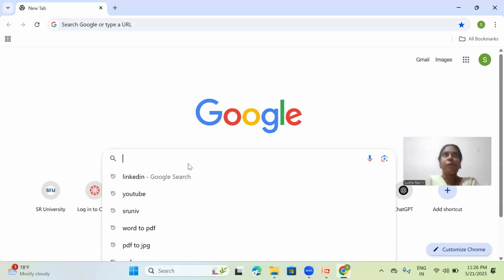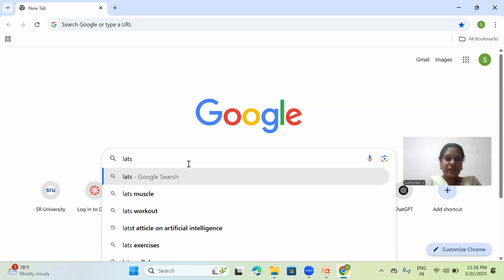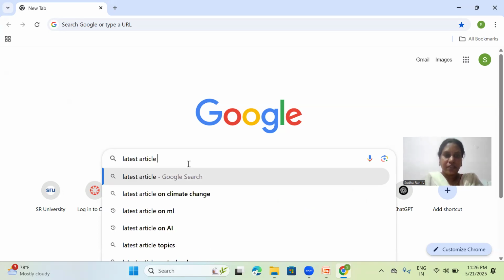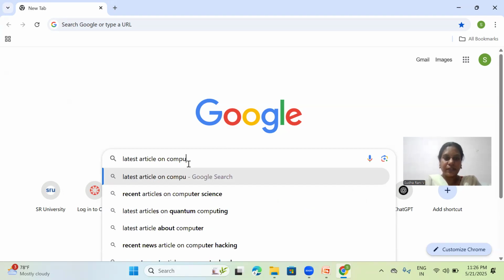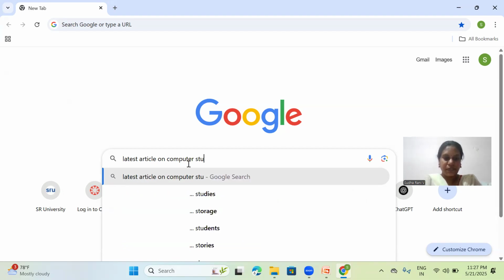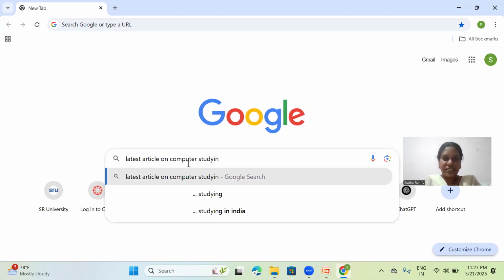Now let us take one example: latest article on computer studying. See here, this is studying. Just now we discussed study, studied, studies. These all are what? Stemming words.